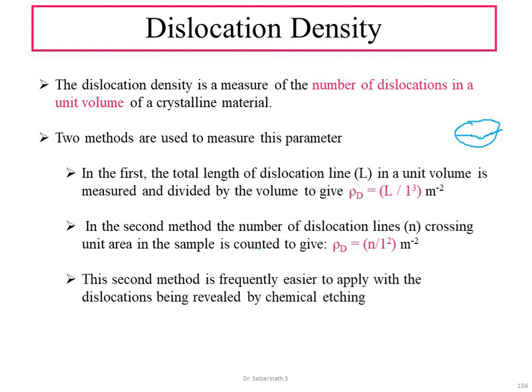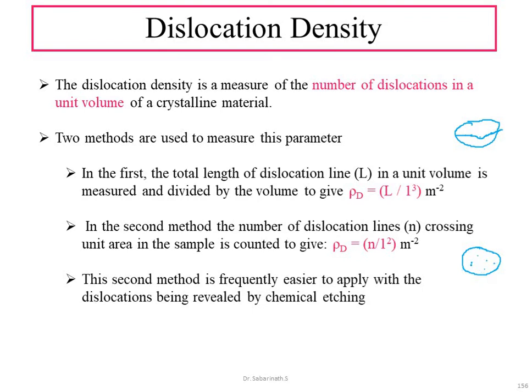Or the second method, where instead of volume we will use the area. Here, this is an area, and we can see many dislocations. We will count the number of dislocations, that is 1, 2, 3, 4, 5.